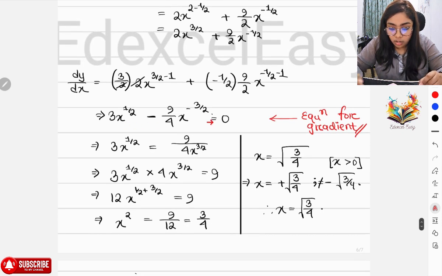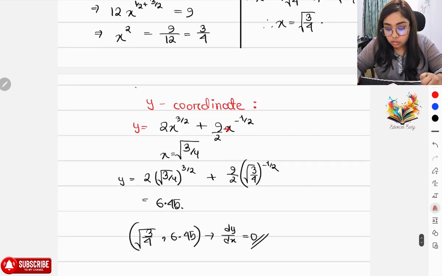After that, it was already given that dy by dx is equal to 0. So we took the equation for the gradient, dy by dx, and made it equal to 0, and from there we got the value of x. If the question had asked you to calculate the y coordinate for this specific point, I would have input this value of x into the original equation for y to get the value of that coordinate.